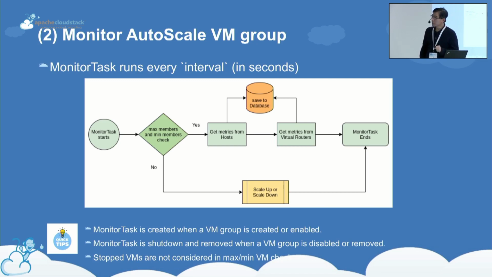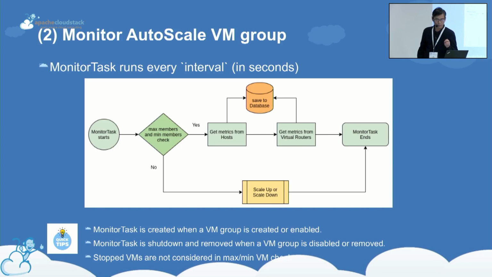Depending on the interval of each VM group, the monitor tasks run at different times. For example, if the interval is 10 seconds, then this task will run every 10 seconds.